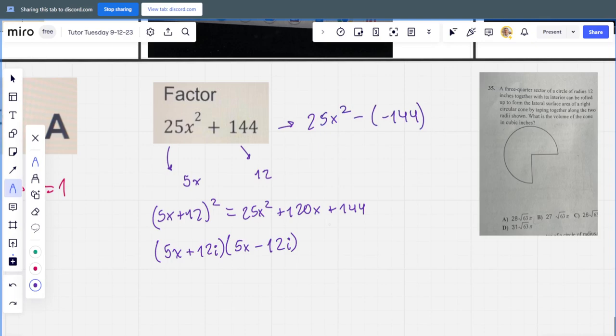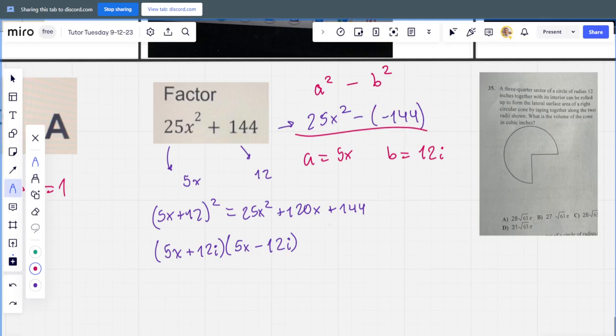That means what we have here is our perfect square in the form a squared minus b squared. Using the difference of squares formula, a is equal to 5x. Of course, b is going to be equal to 12i when we take the square root of negative 144.